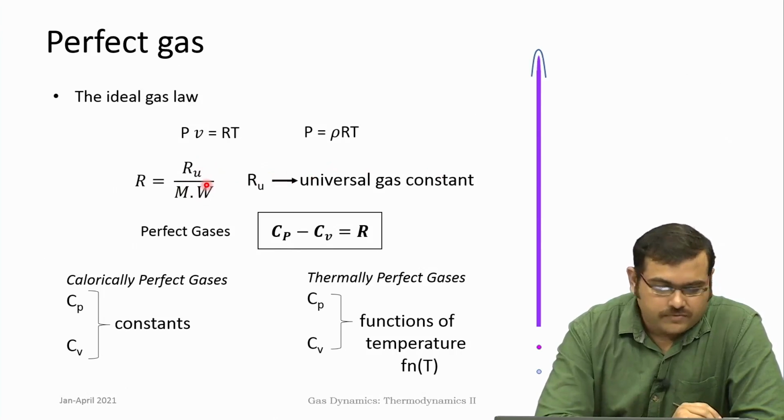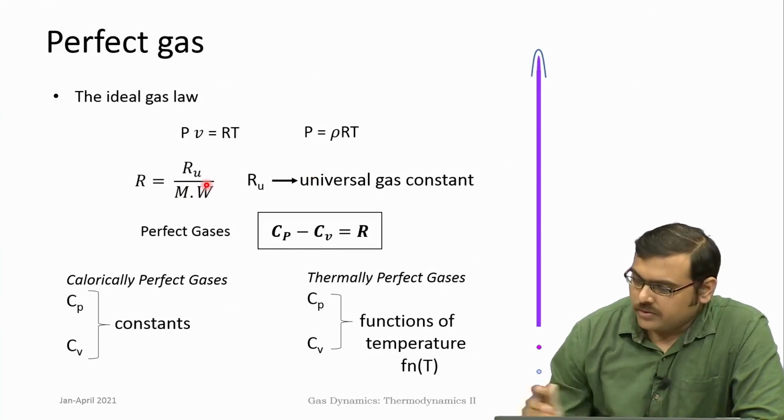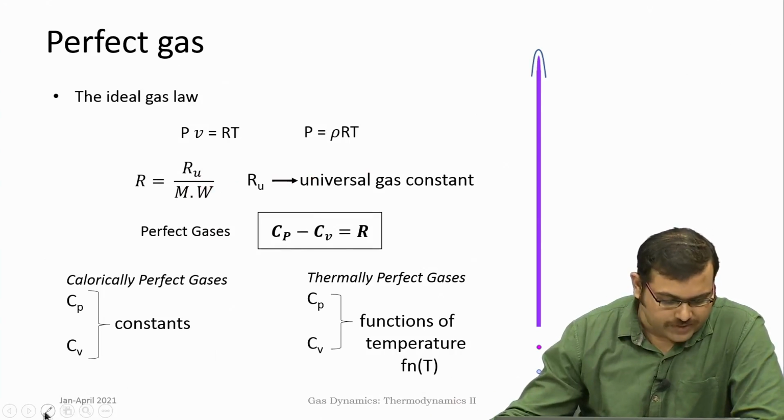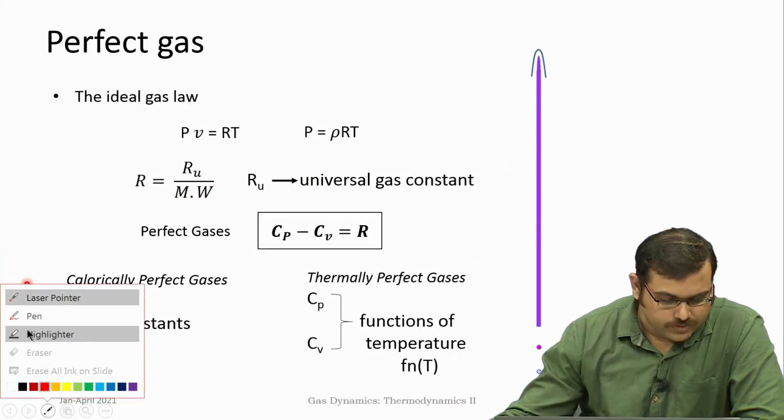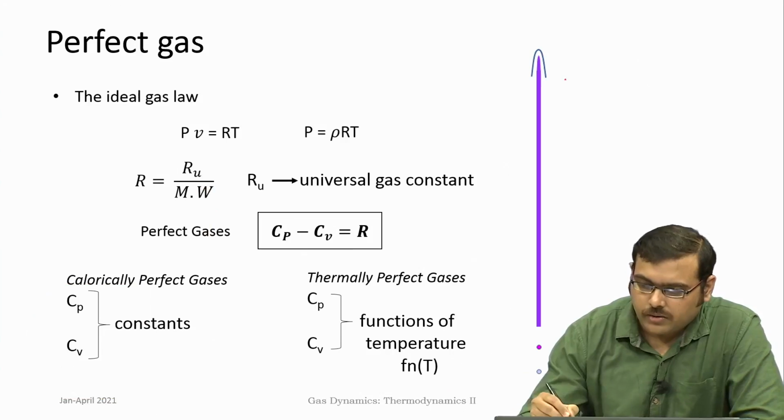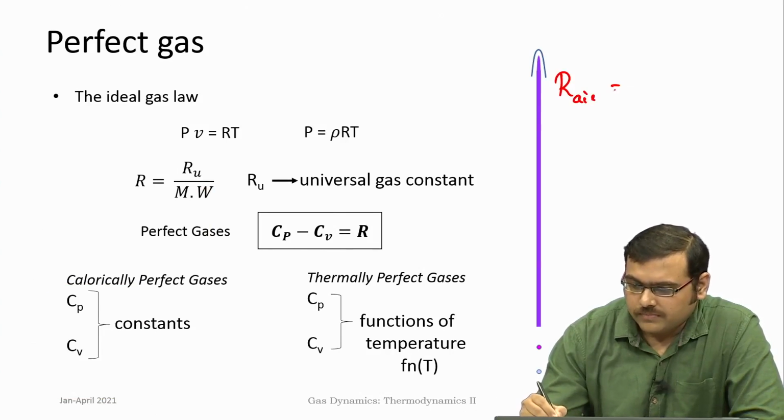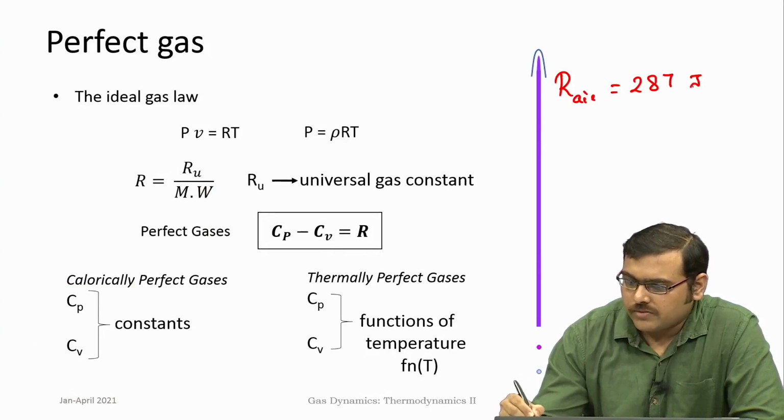Okay. So for air the typical value is around 287. R for air is taken to be 287 joules per kg Kelvin.